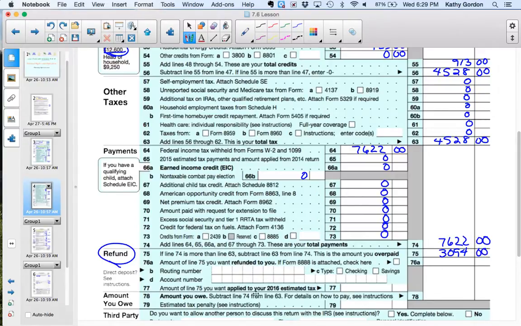How much do they actually want refunded? We're going to assume they want it all back. But again, there are options for things like paying it forward to the next year, things like that. But we're going to say they want it all back. And then the routing number and the account number, you can just make up some numbers there. Normally you would put your own actual banking information there so that they could do an electronic deposit. But again, since this is limited information, just make something up.